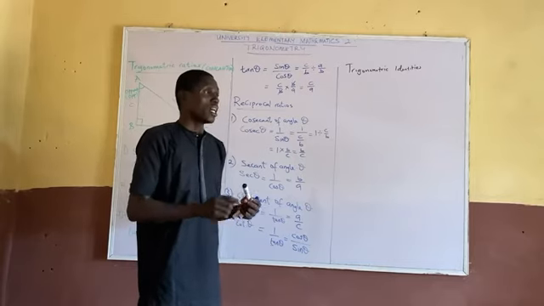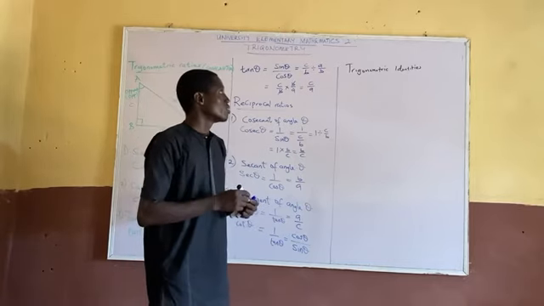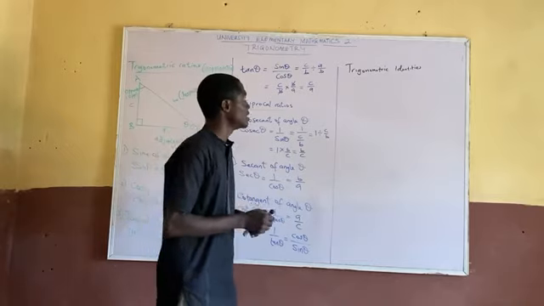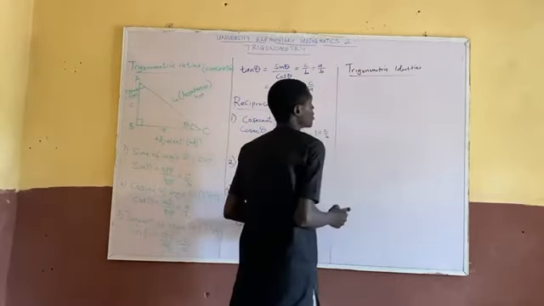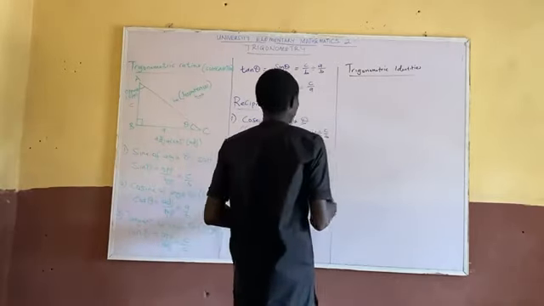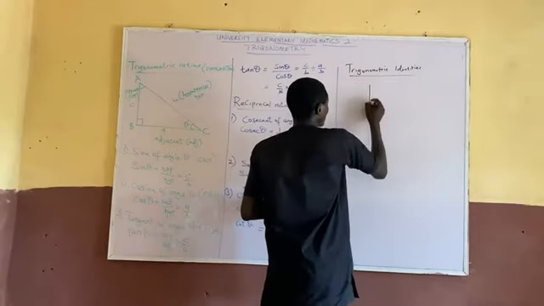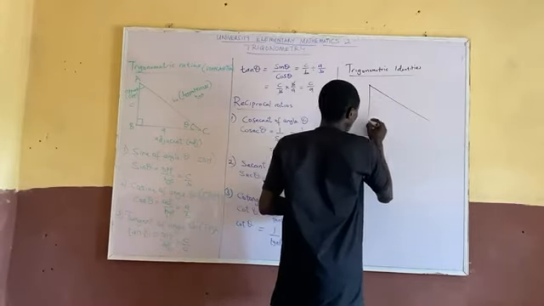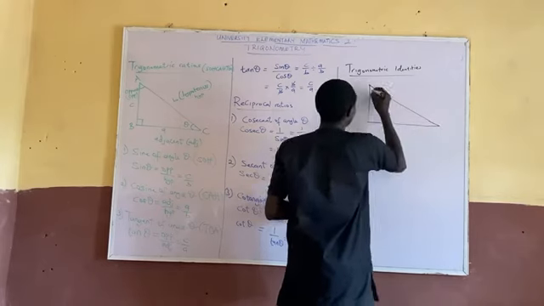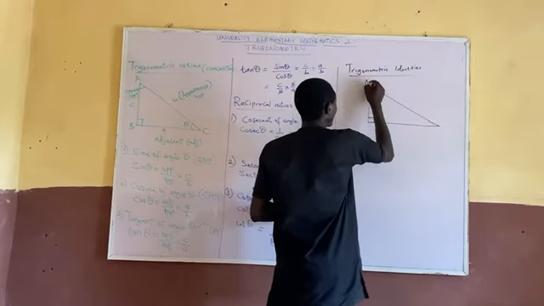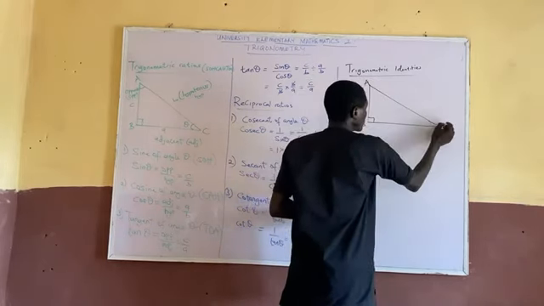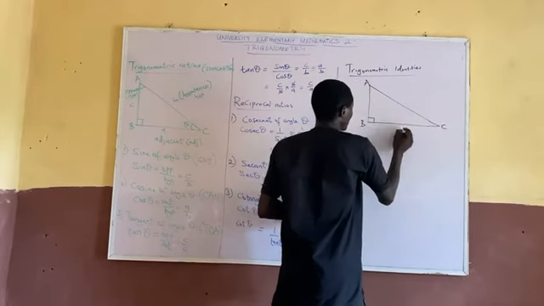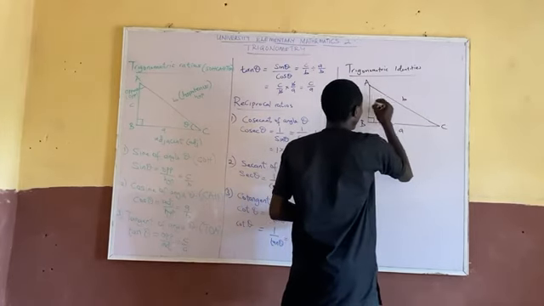Please, I want you to really follow me on this aspect. Now, trigonometric identity, how do we come about that? Let's consider the triangle once more. So we have a right angle triangle ABC, with side a, side b, and side c.